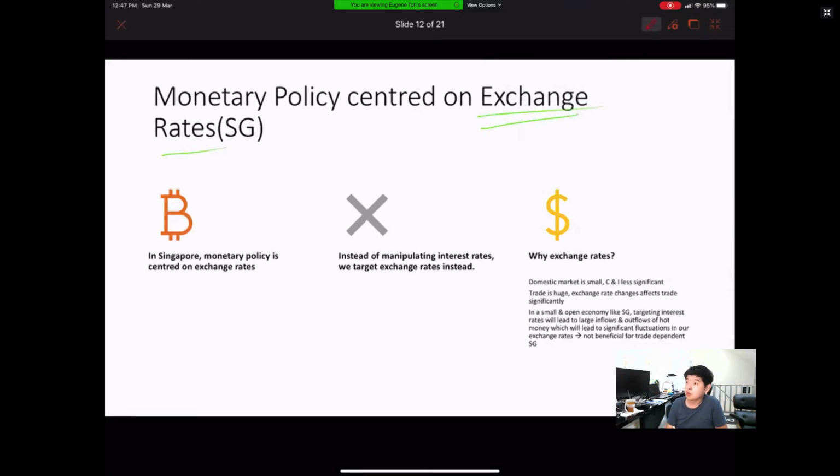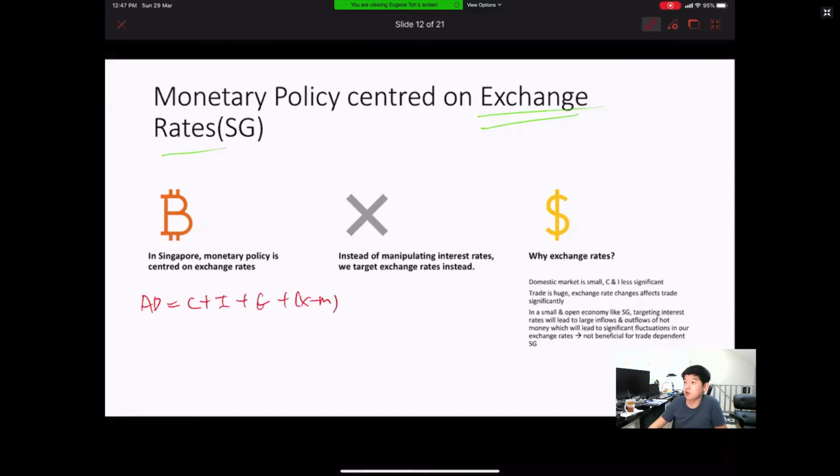Okay, let's go on. So we were saying your AD formula is given by C plus I plus G plus X minus M. I'm sure you're familiar with the formula. So when we're looking at this formula, AD equals C plus I plus G plus X minus M, you bear in mind that your interest rate monetary policy targets what?